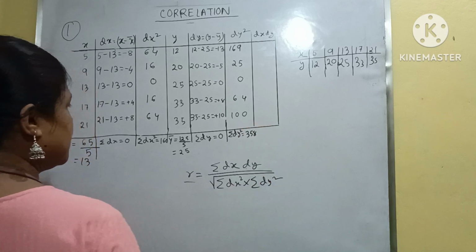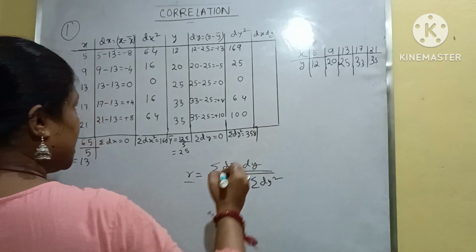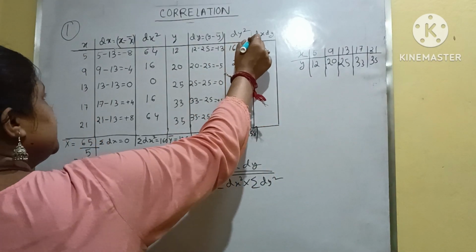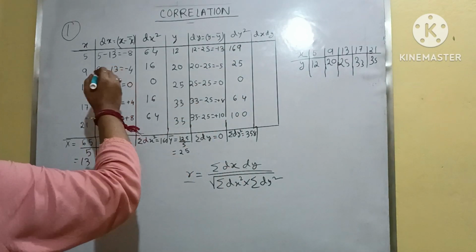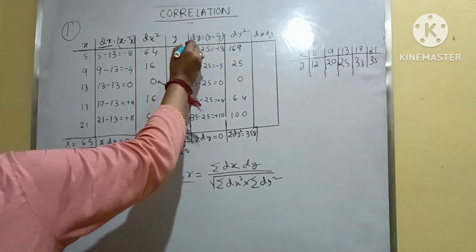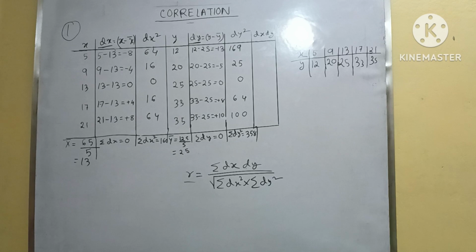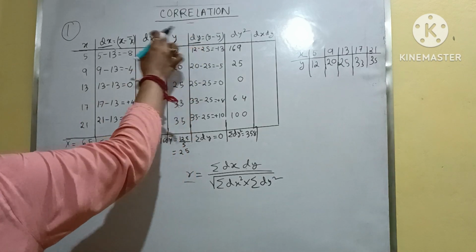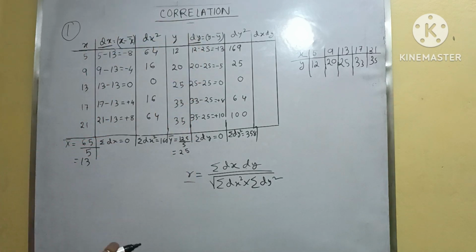358. Clear? And now we have to calculate dx dy. This is the dx and this is dy. By multiplying the dx and dy values, we will get dx dy.